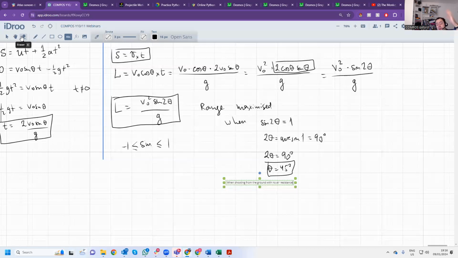They started experimenting. They all obviously knew that 45 degrees gives you the maximum range, but some German guy just said, "Well, why don't we try shooting at 70 degrees?" And they tried 70, and it was further than 45.